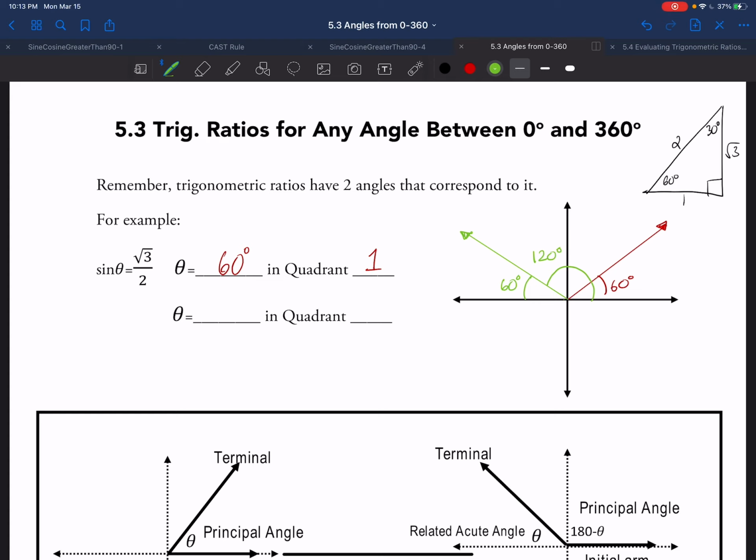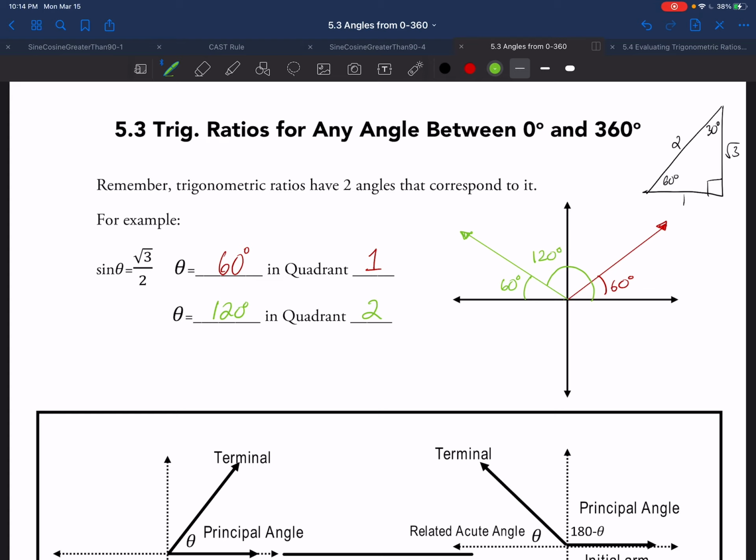So it's 60 degrees away from the x-axis, but that's not how we measure angles. We measure angles from 0 around. So that's 120 degrees. So 120 degrees in quadrant 2 has the same ratio.